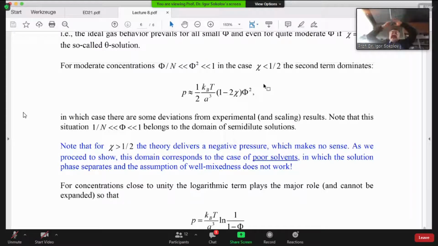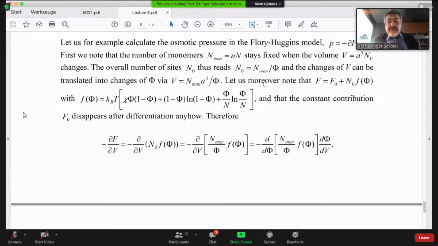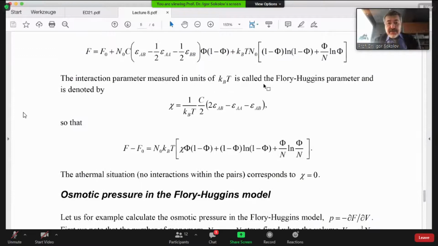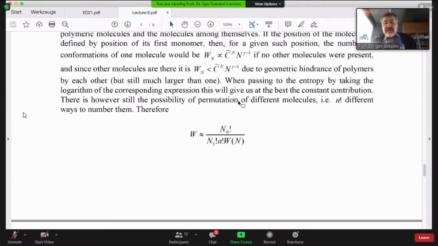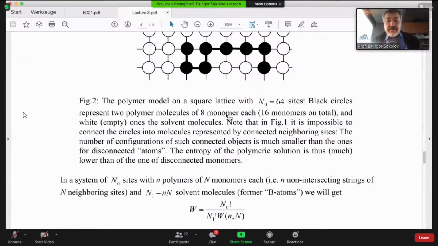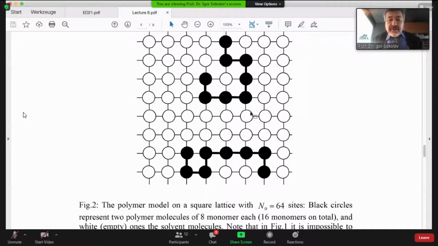This theta case describes the transition, and therefore I decided to show it now, the transition from the regime of a good solvent, in which indeed you can assume that polymers and monomers mix together, and there are enough contacts on my picture here between the monomers of a polymer and the solvent molecule inside of your system.